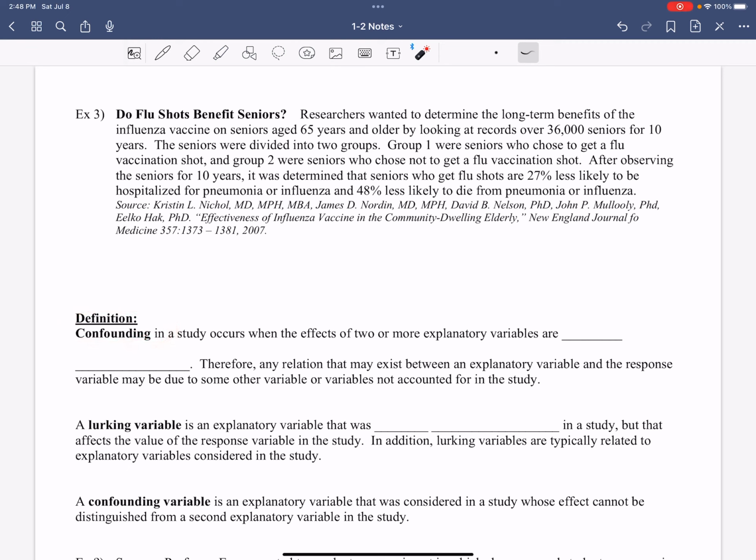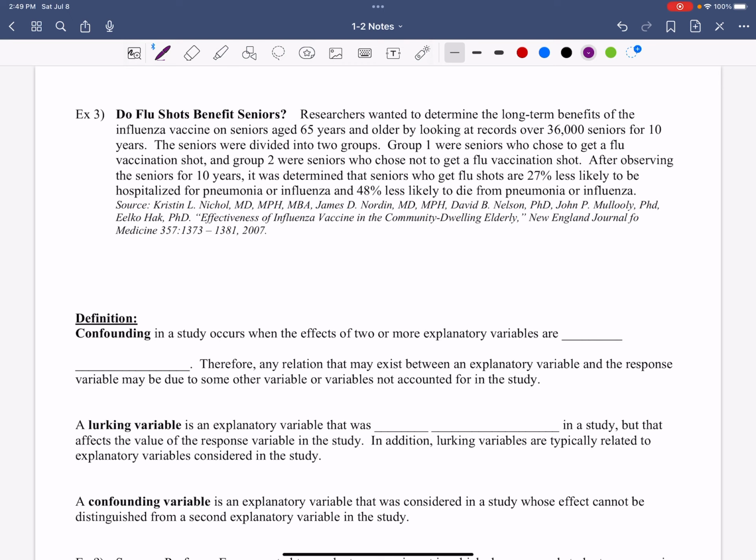They were concerned that lower hospitalization and death rates may have been due to something other than the flu shot, because this doesn't say this is only based on the flu shot. You can get pneumonia or influenza from other places, right? So is it really that, or could you get it from somewhere else? We don't know. And that's part of this next aspect of it that you've got to really pay attention to.